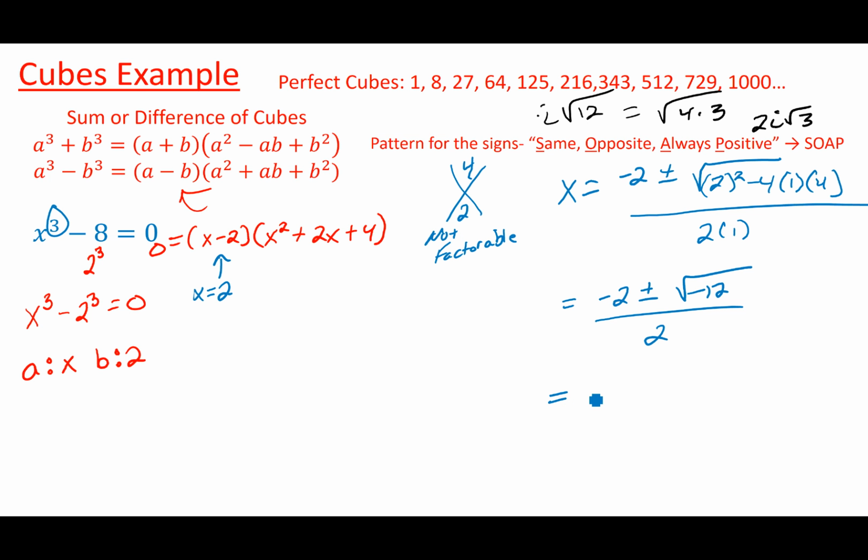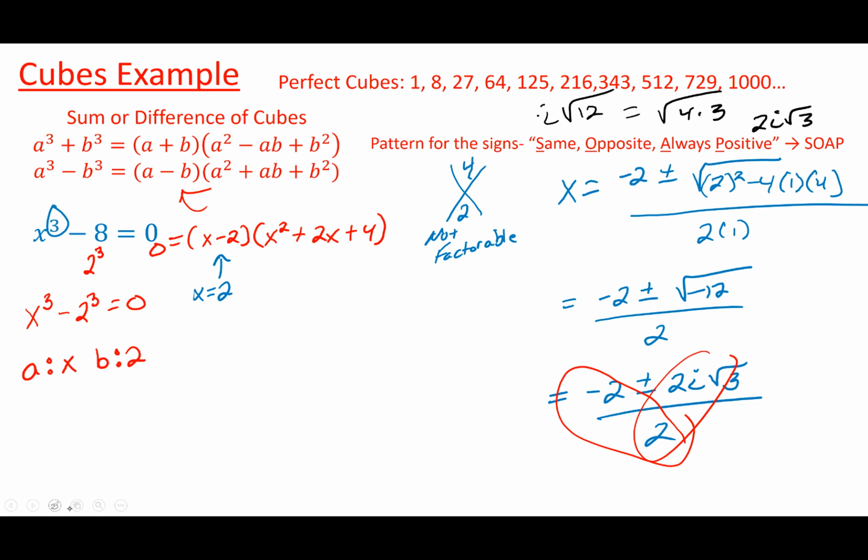So getting back to my problem here, I have negative 2 plus or minus 2i root 3 all over 2. Perform heart surgery on this. And I'm going to have x equaling negative 2 over 2, which is a negative 1, plus or minus 2 over 2, which is positive 1, i root 3.